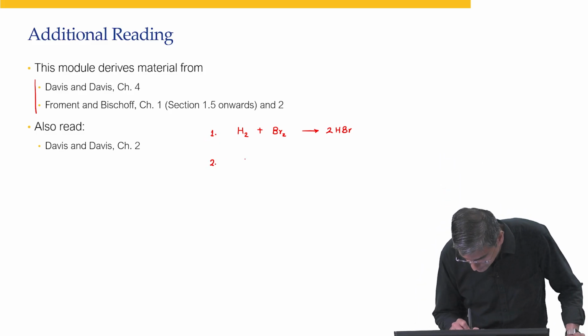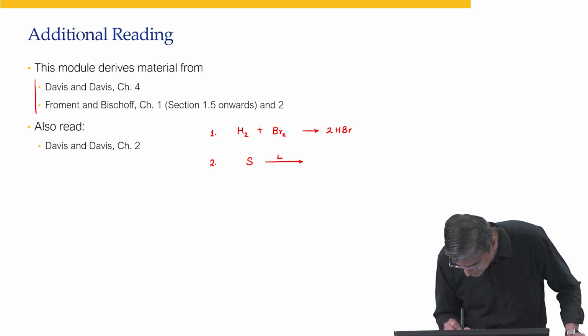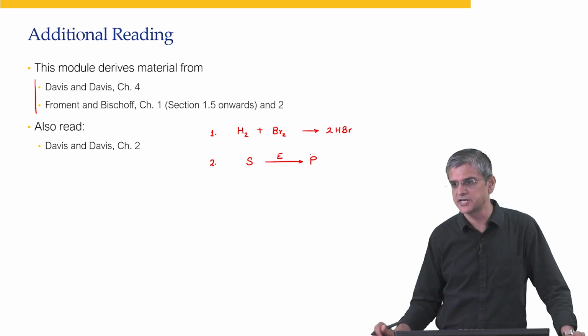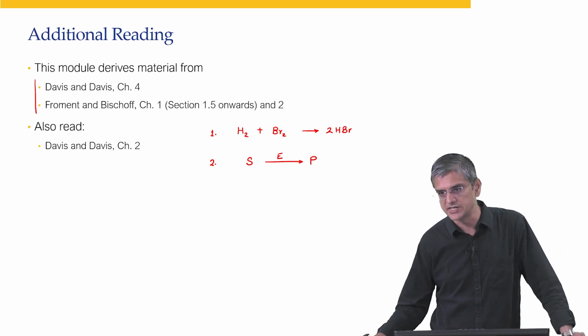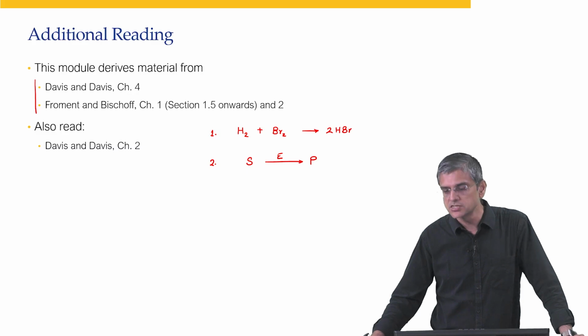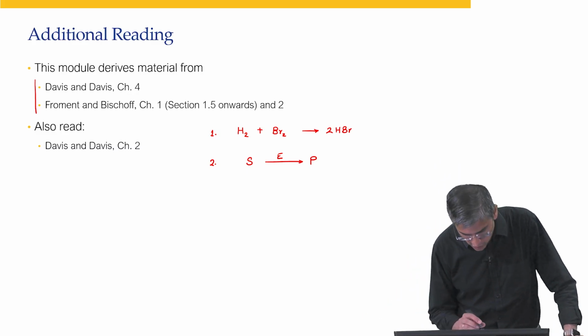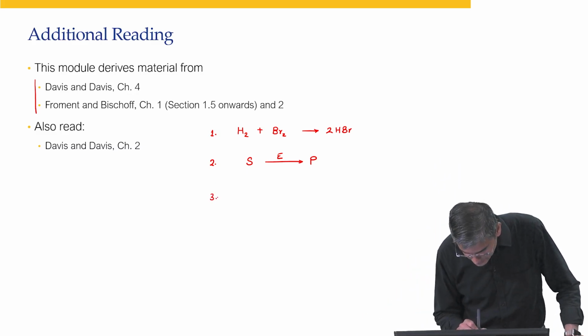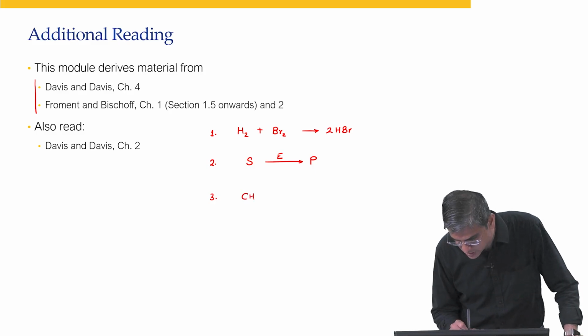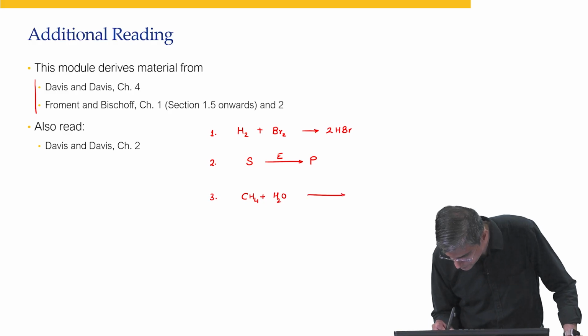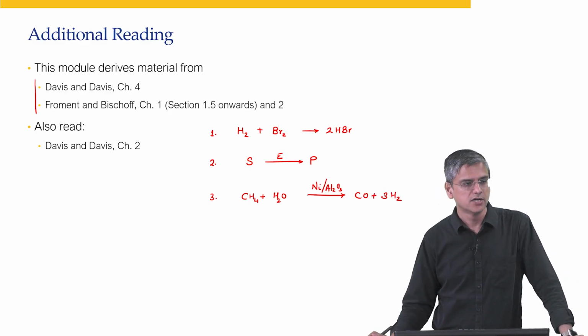The other mechanism is the enzymatic reaction from substrate going to product, called Michaelis-Menten. How do we do this are the things that we are going to talk about in this module, and in the next module we are going to talk about CH4 plus CO2 plus H2O on a nickel catalyst giving this.